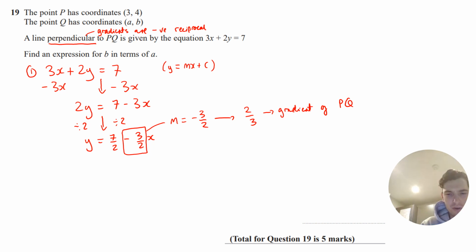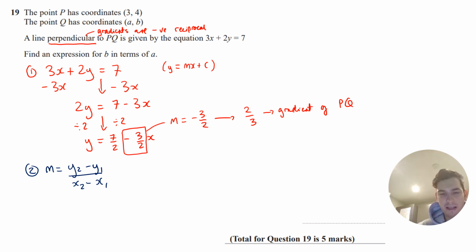Now, step two. Okay, I've got 2 coordinates and I know what the gradient is. So let's remember the formula for gradient. My formula for gradient from 2 points is y2 minus y1 over x2 minus x1, change in y over change in x.